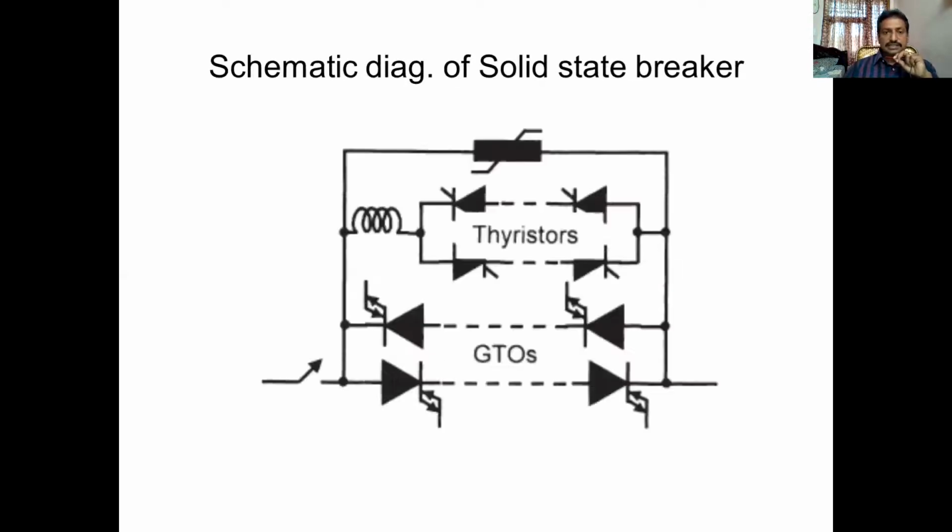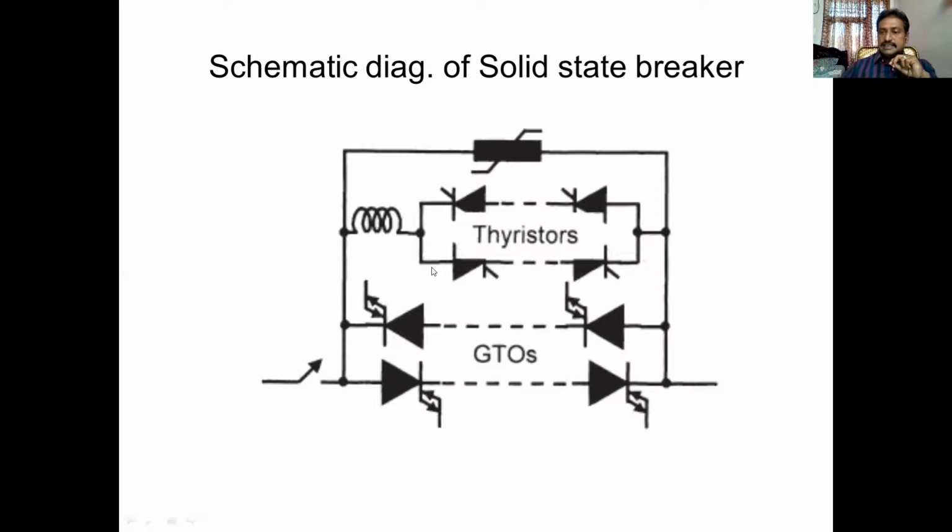See here the schematic diagram of a solid state breaker. Everything is similar. This is a snubber circuit, connected in parallel with the thyristor network. But in the case of the SSB, the current limiting inductor is connected in series with the thyristor pair. These thyristor pairs are connected as a two-way switch.